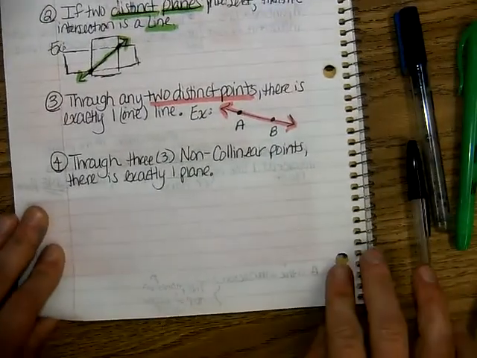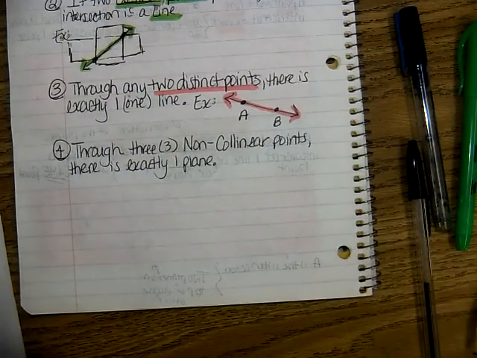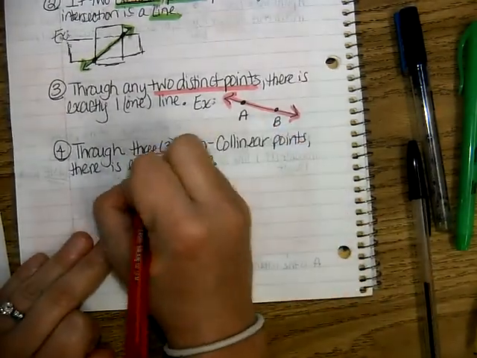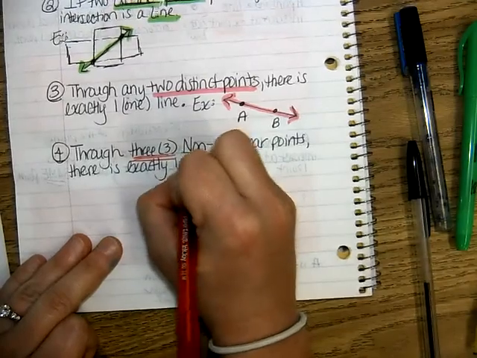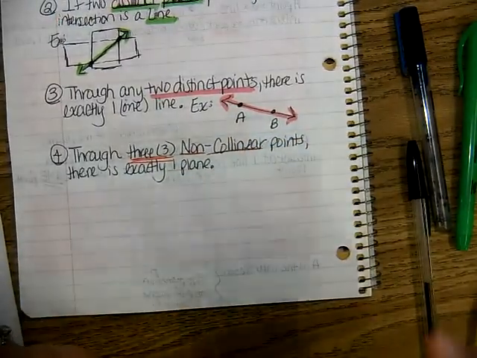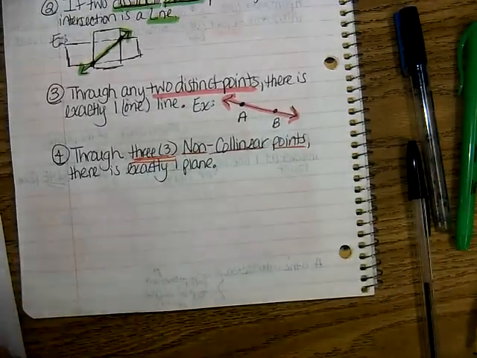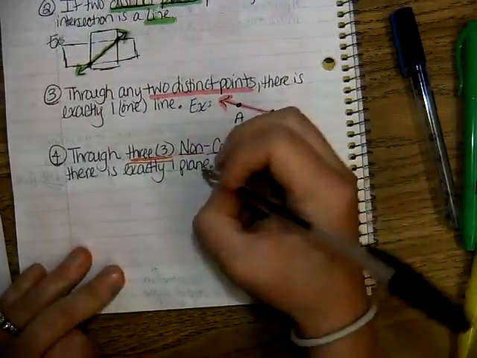Okay, let's talk about that one. So through 3 non-collinear points. Okay, non-collinear. So we're talking about 3 points. Non-collinear means that they are not on the same line. So 3 non-collinear points, not on the same line.